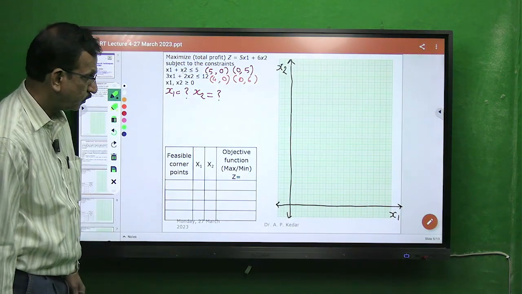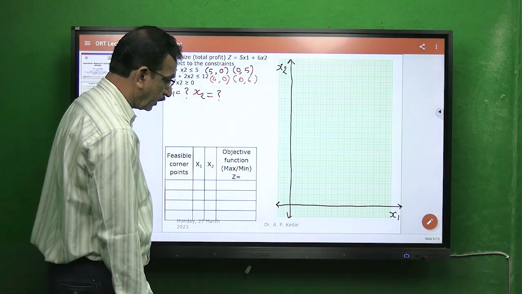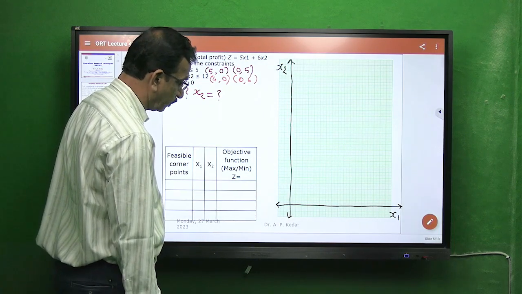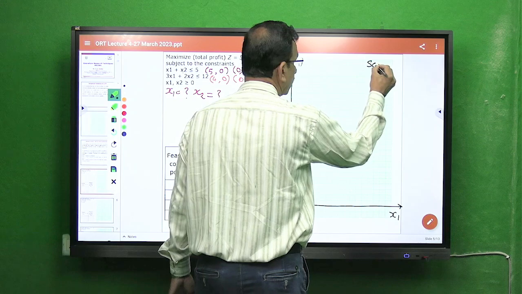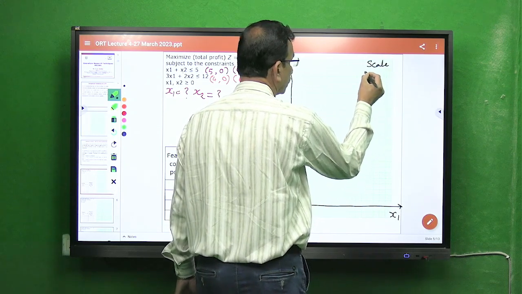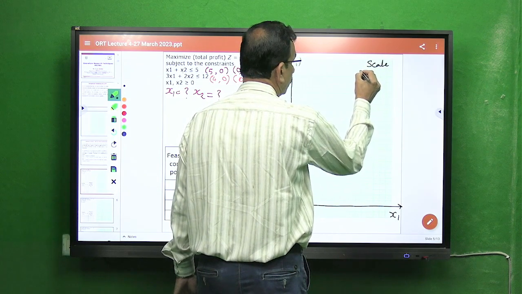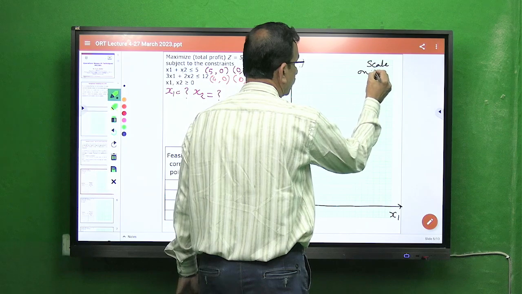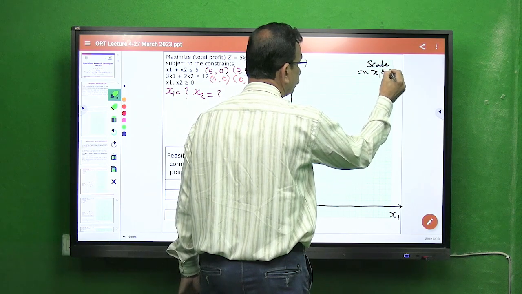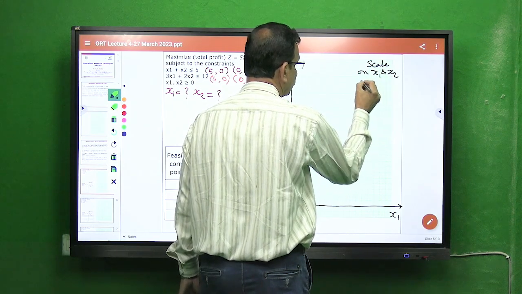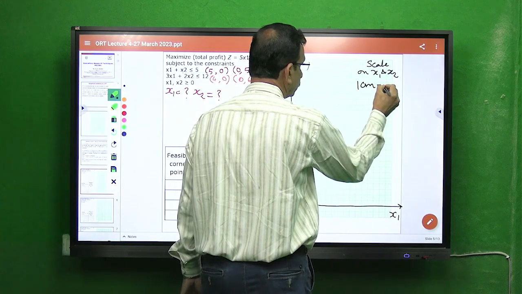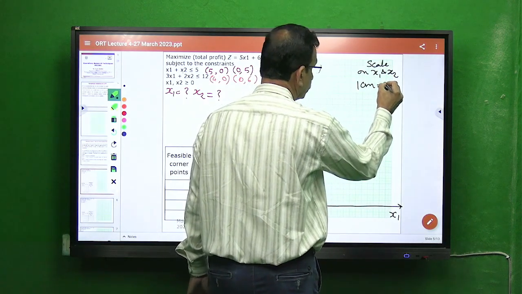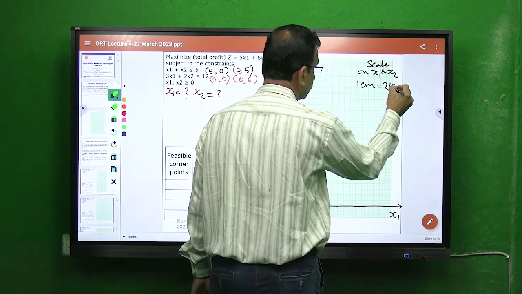And now, the scale I can take 1:1 also or 1:2 also. We will take the same scale on both axes, x1 and x2 both being the same. Say we write here, to understand, 1 centimeter is equal to, suppose, 2 units.